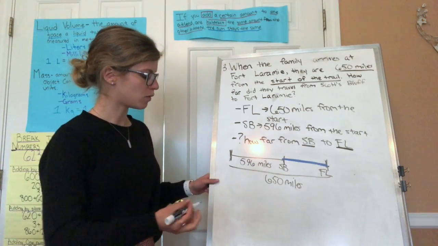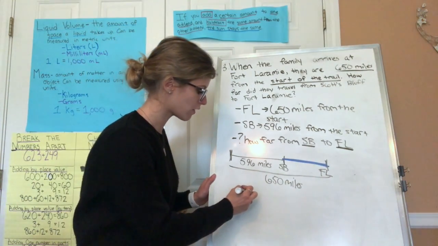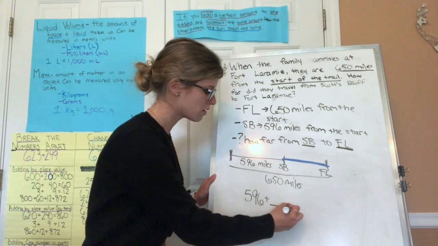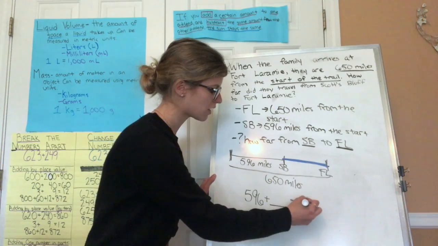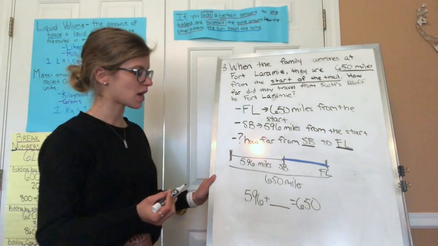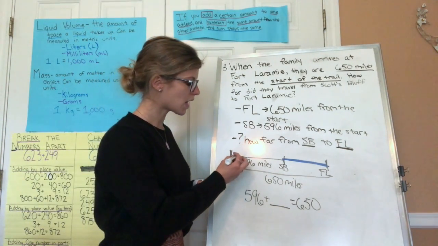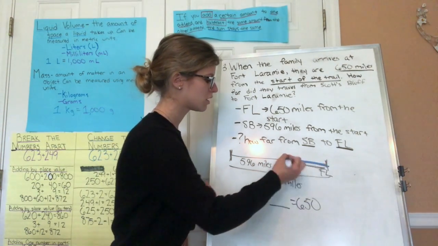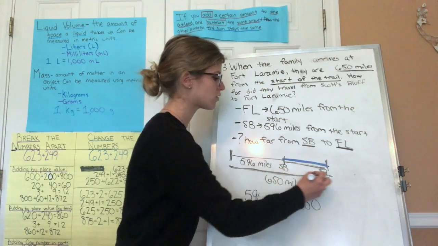To represent this problem, I can use the equation 596 plus what equals 650. The reason I'm using that equation is because I need to figure out how much more to get to the total of 650.